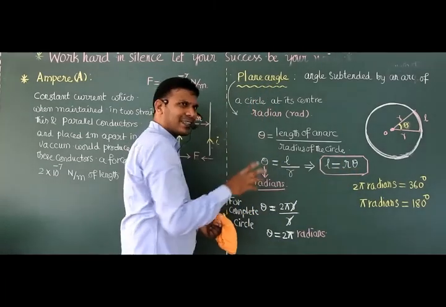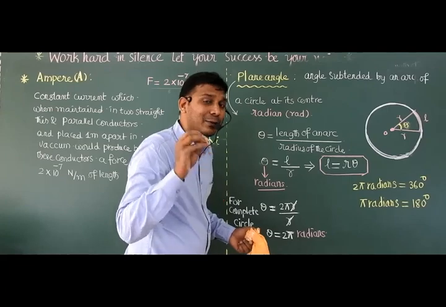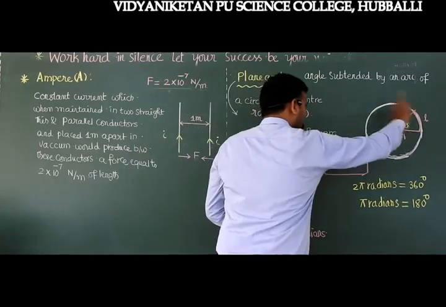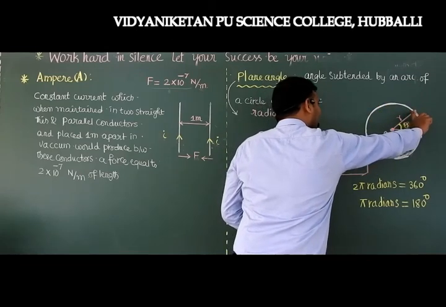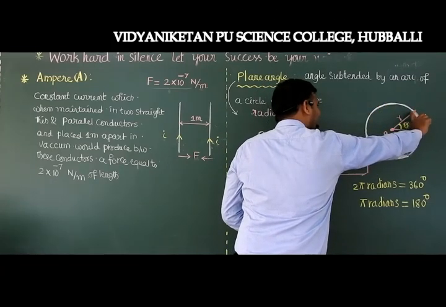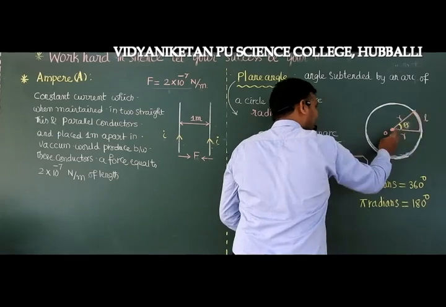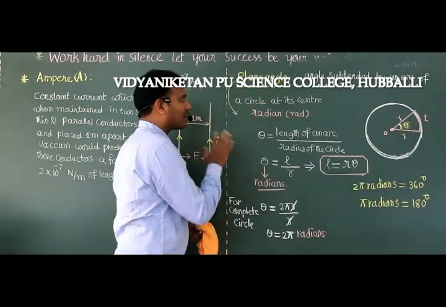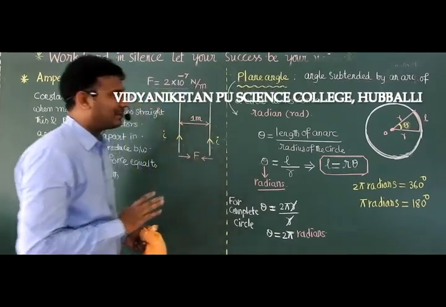So actually this is nothing but a 2D angle. For a given circle, if you consider an arc of a circle, the angle subtended by this arc at its center is taken as theta. Clear? So this is about the plane angle.